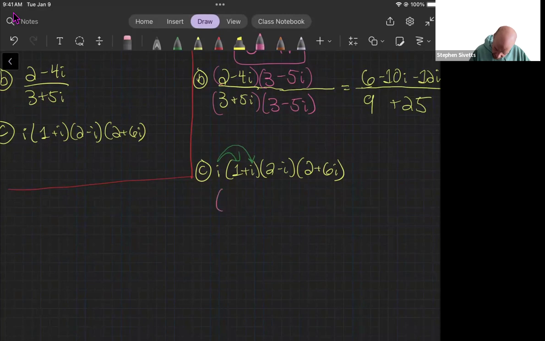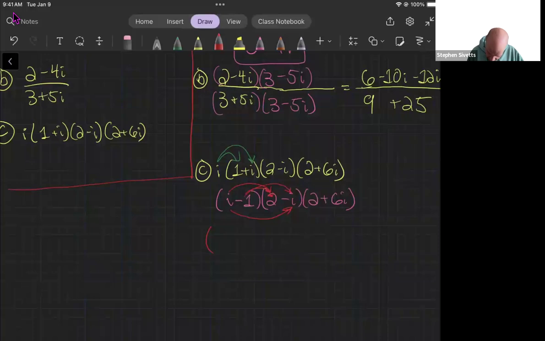And so I'll have i minus 1, and then (2 minus i), and then times (2 plus 6i), okay? Next, we're going to use the FOIL method to multiply (1 minus i) and then times (2 minus i), right? So that would equal 2i, so that's minus i squared, so that's plus 1, minus 2, and plus i.